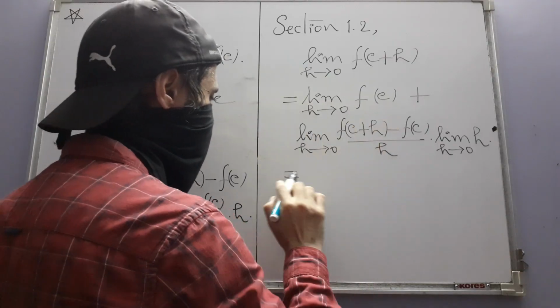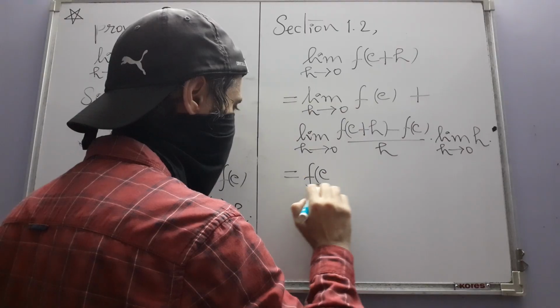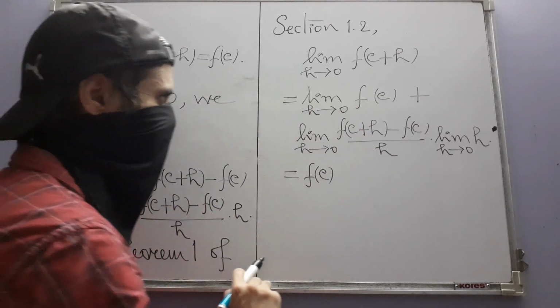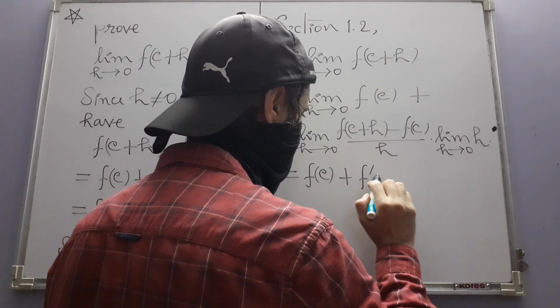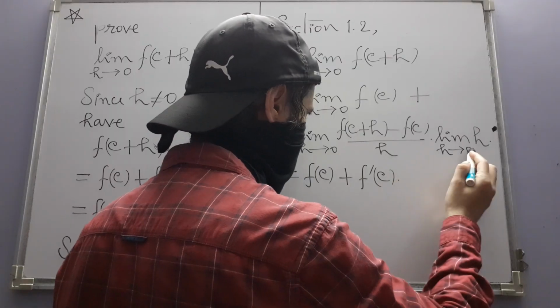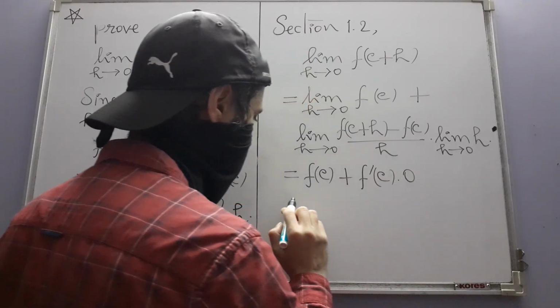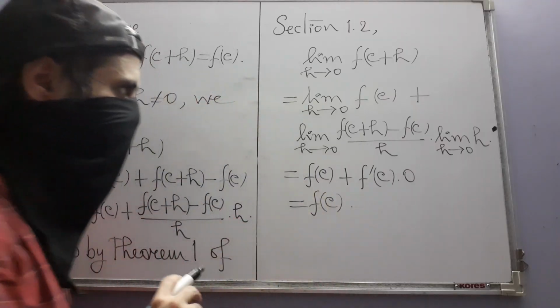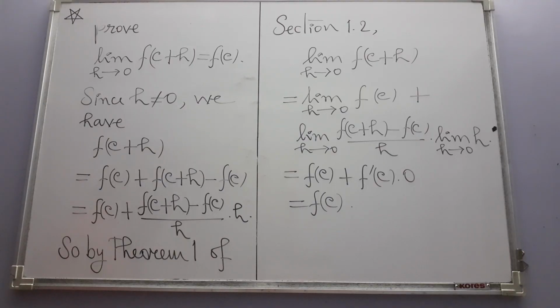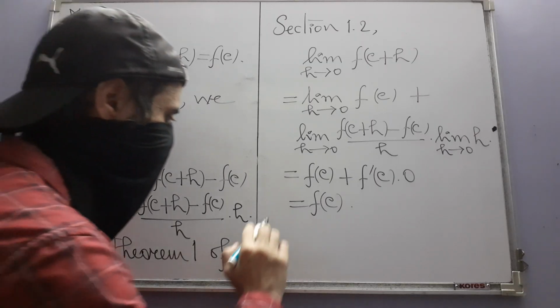Now this is constant, so it doesn't change with h, and so the limit is also the constant. This is the derivative of f at c, and this limit of course is 0. So we get f of c, which is what we wanted to get, and that is why f is continuous at c.